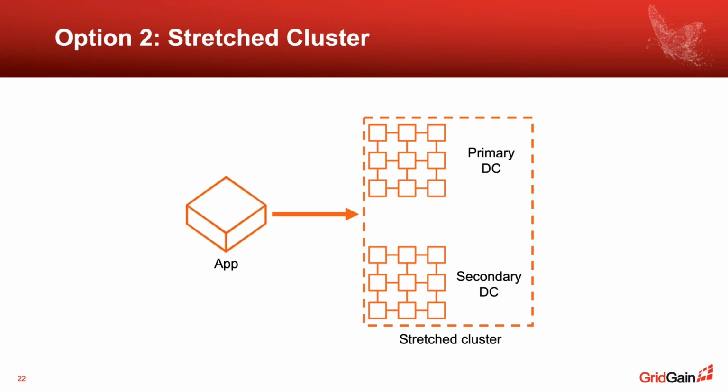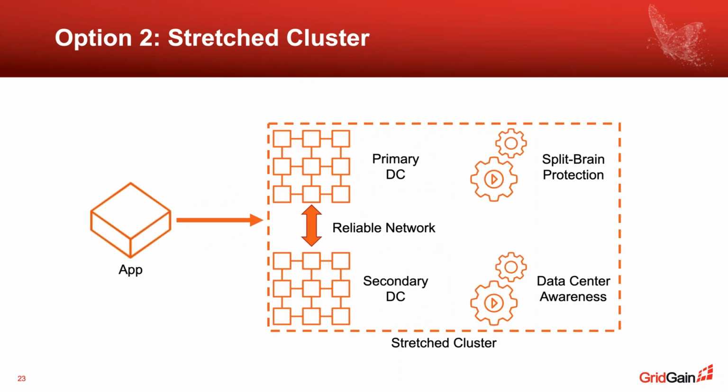But in fact, this solution requires a bunch of other additional components, and they are on this slide. So first of all, you require a very fast and reliable network between your data centers.